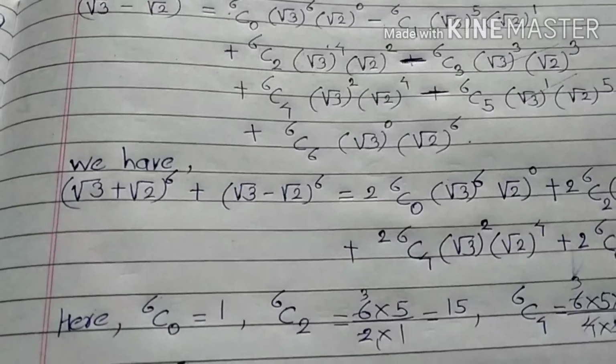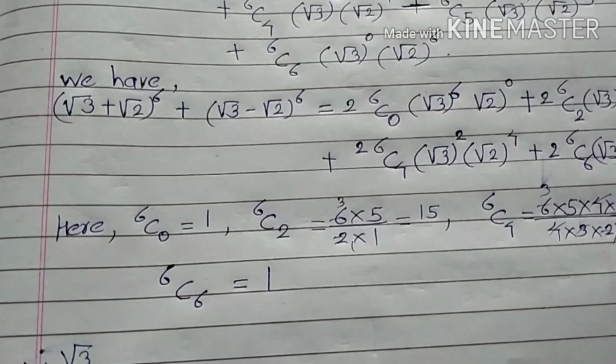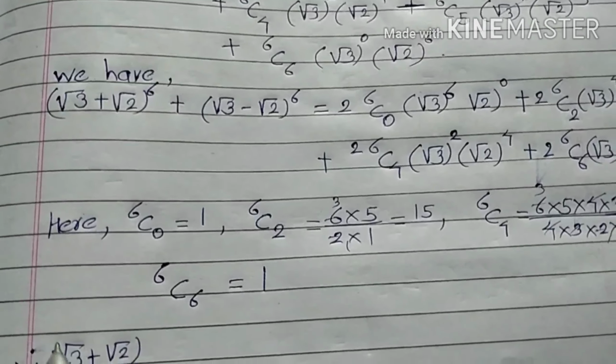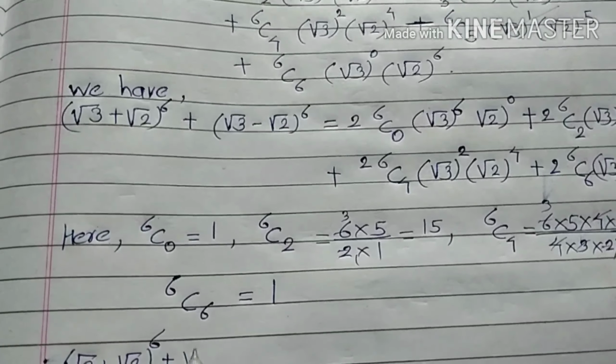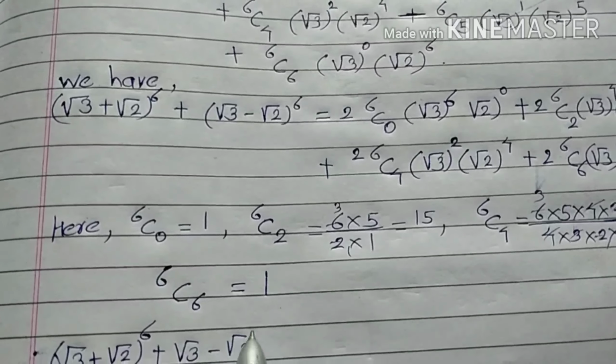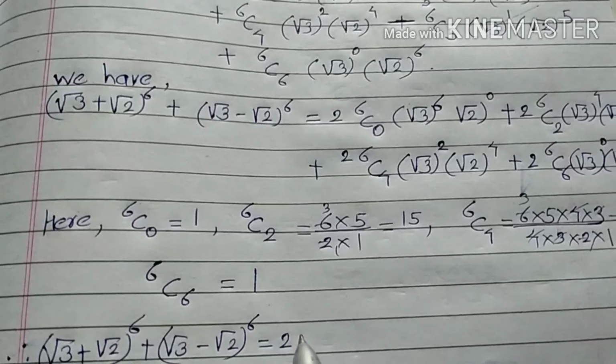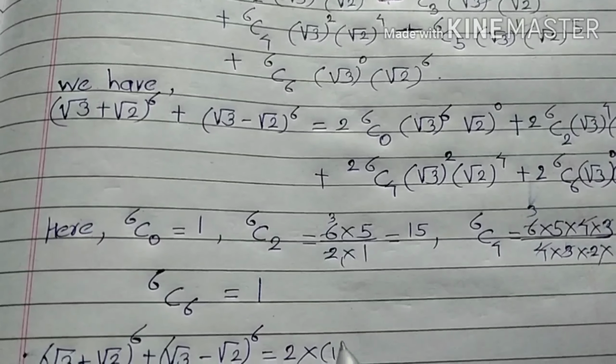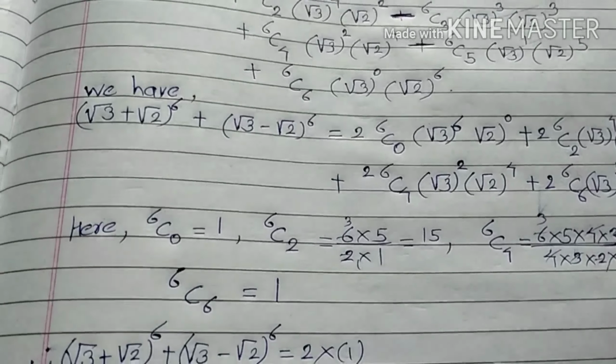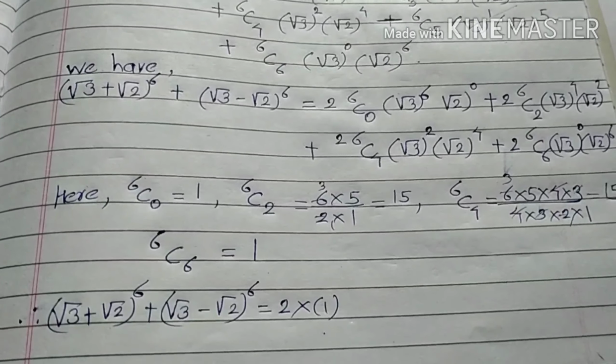now we take the terms (√3 + √2)^6 + (√3 − √2)^6, which is equal to, so it is 2 into 6C0 is 1, (√3)^6. So here we have to calculate this (√3)^6.